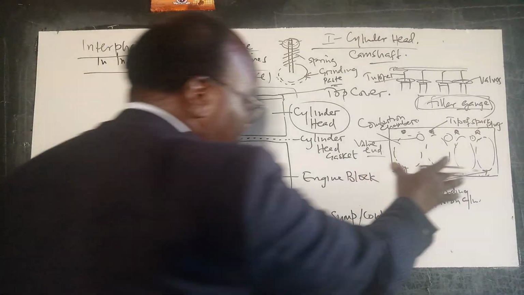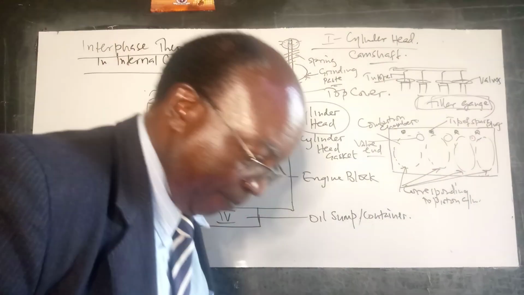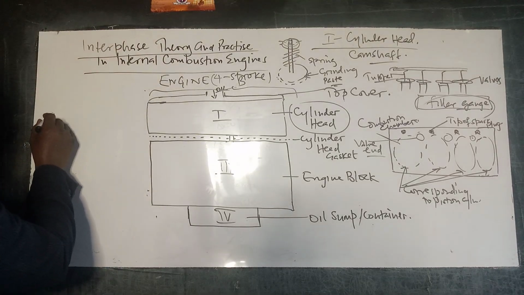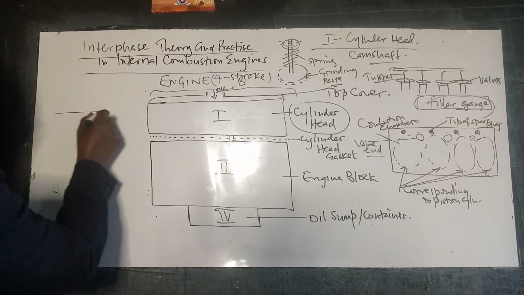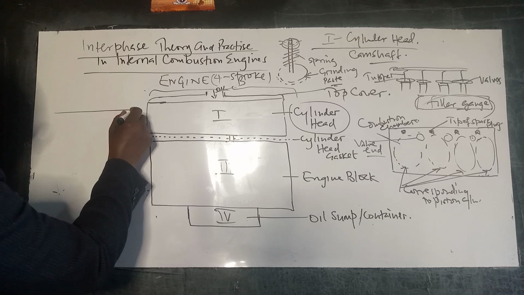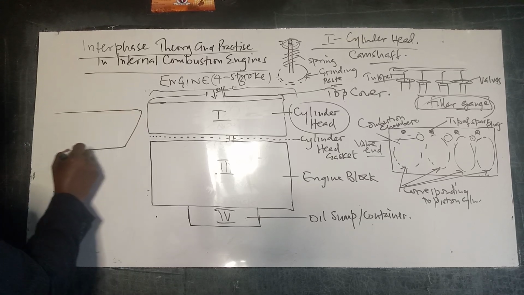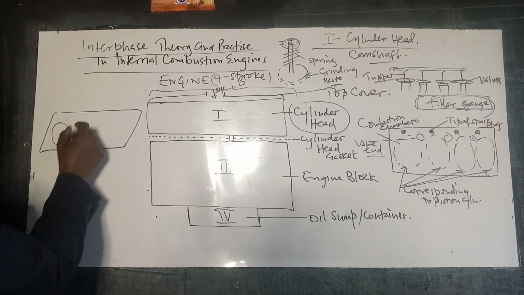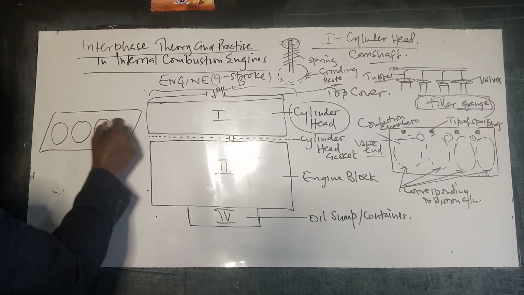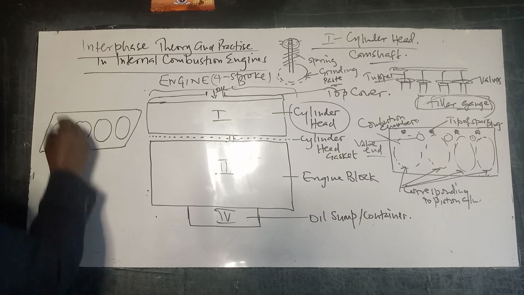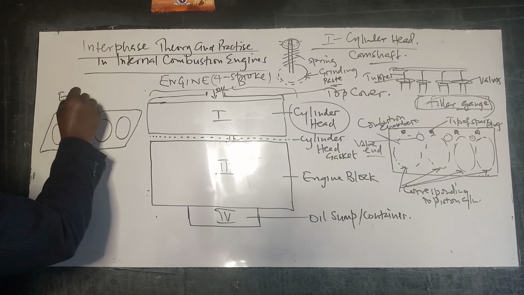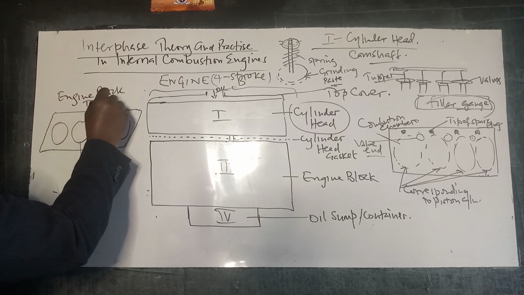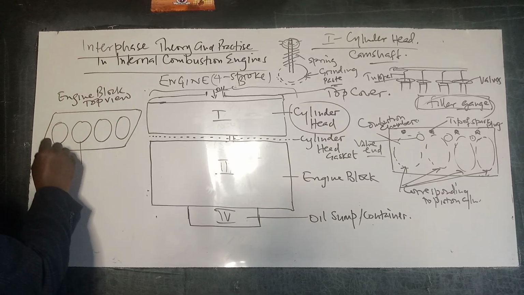If you look at the engine block from the top view, you are going to see a pattern. The engine block has the piston cylinders. Top view. You're going to see the piston cylinders.